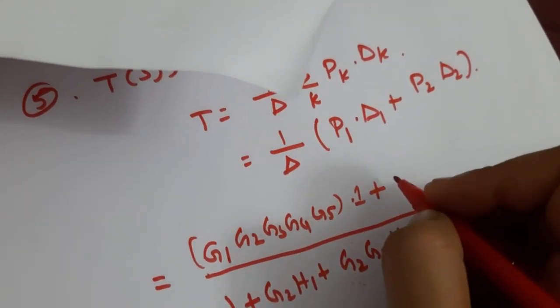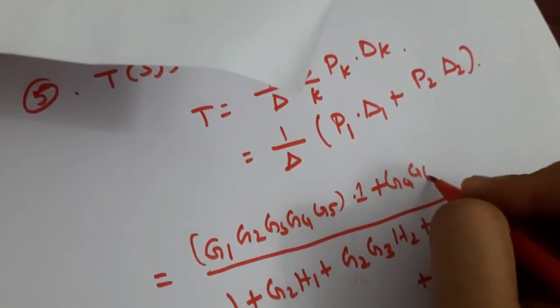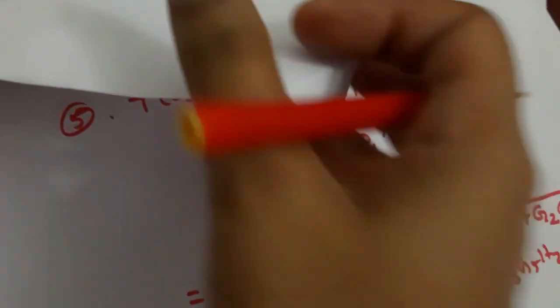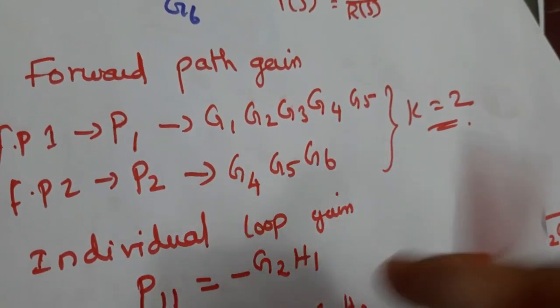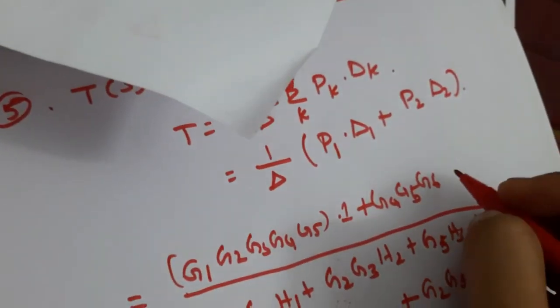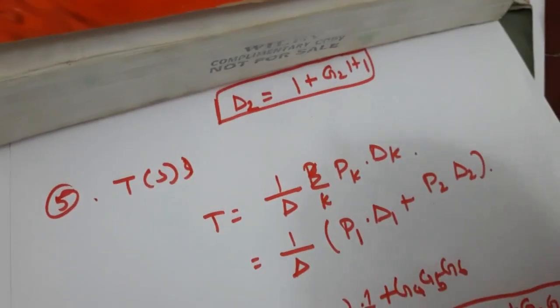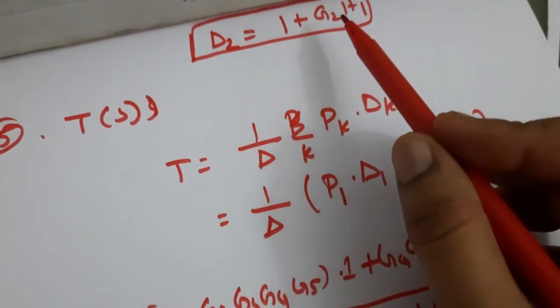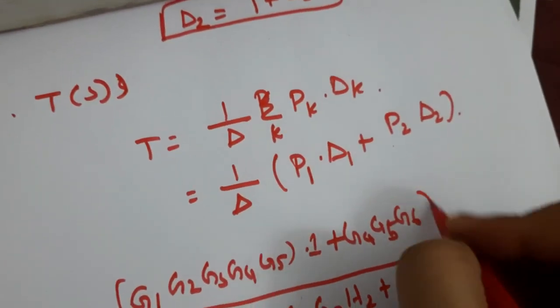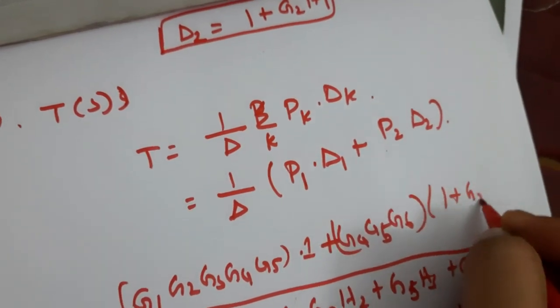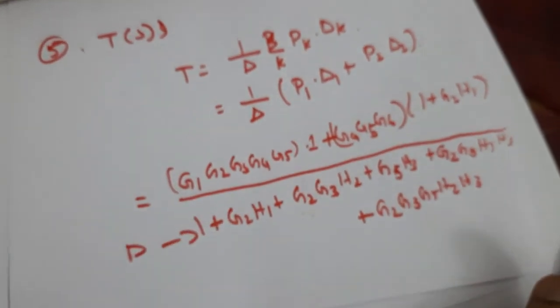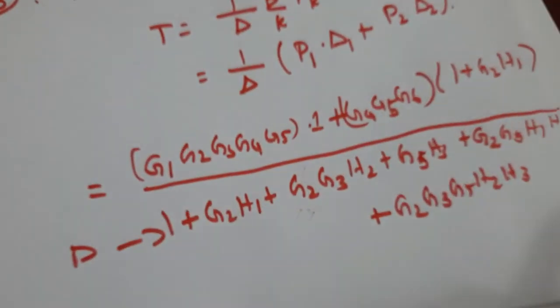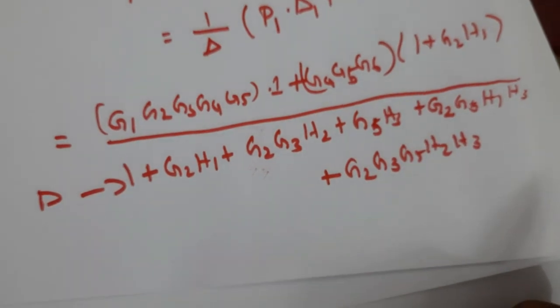Plus P2, forward path 2, whose value is G4 G5 G6, and the del 2 value is 1 plus G2 H1. So multiply this with 1 plus G2 H1. Finally, multiplying this, we will get the transfer function of the control system.